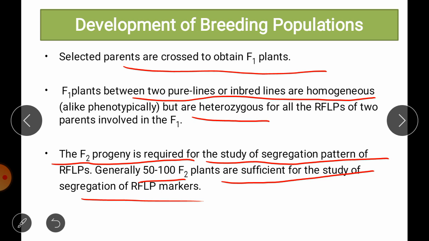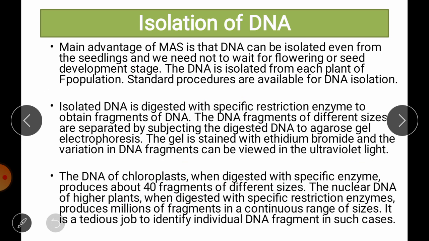So leaves are collected from these 50 to 100 F2 plants. After that you have to go for isolation of DNA. Generally this DNA is isolated by using the CTAB method. You can search on the internet, you will get details about this method.